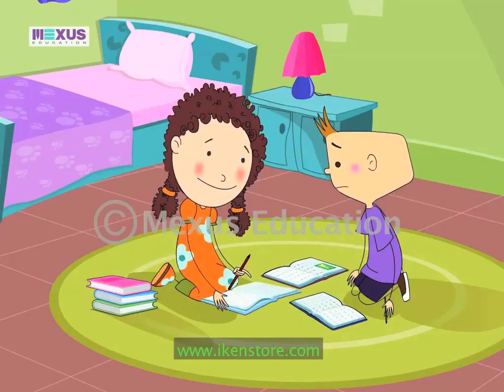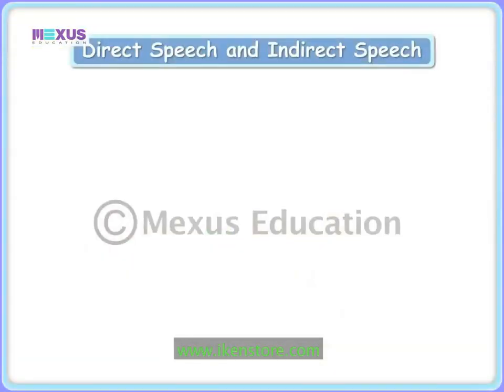Alright, let's read through the basics of direct and indirect speech before we get into the details. We may report what somebody has said in two ways: direct speech or indirect speech.